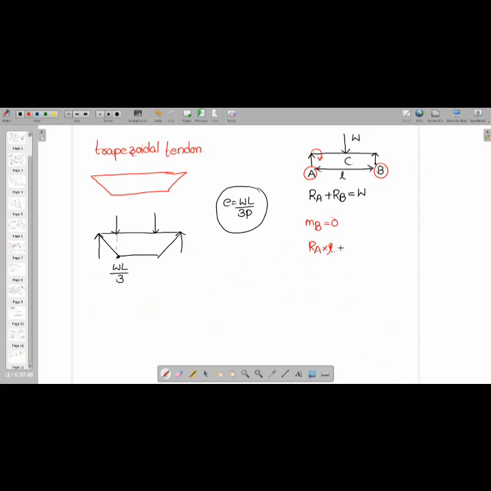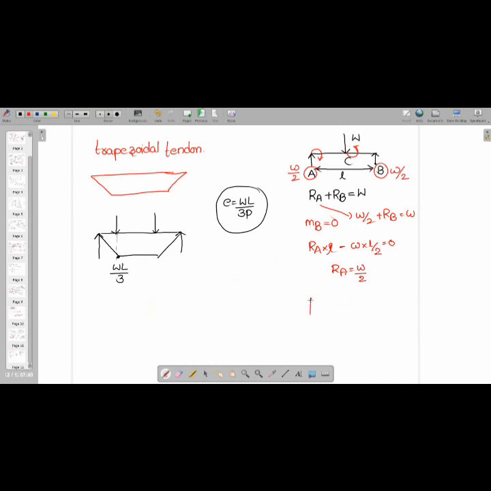So RA into L minus, due to the load, W into L by 2, equals 0. If you solve this, RA will be equal to W by 2. If I substitute W by 2 plus RB is equal to W, so RB is equal to W by 2, and RA is equal to W by 2.